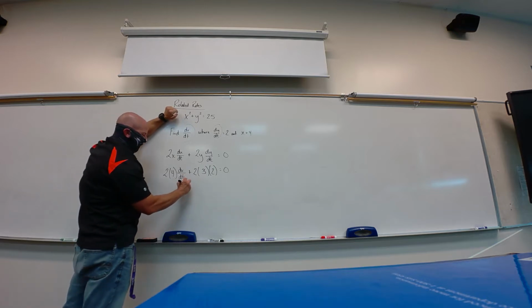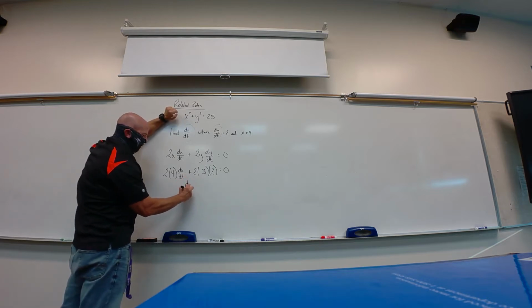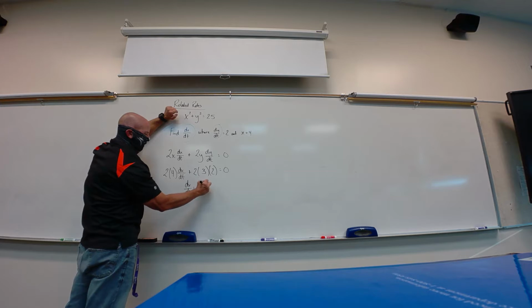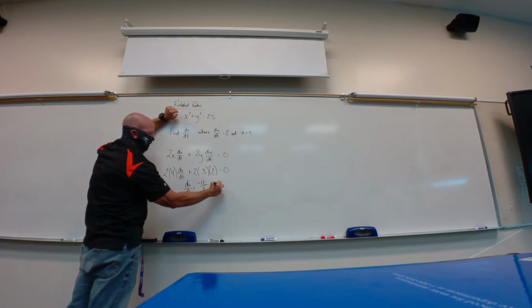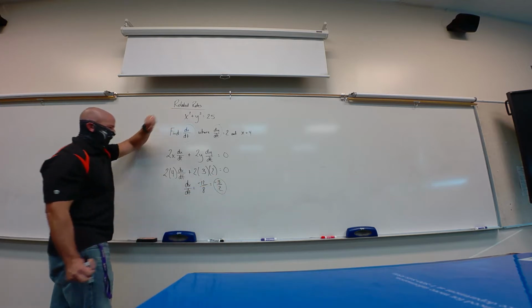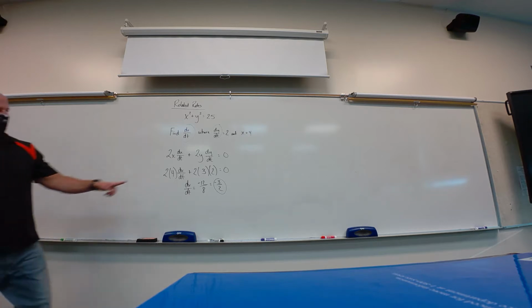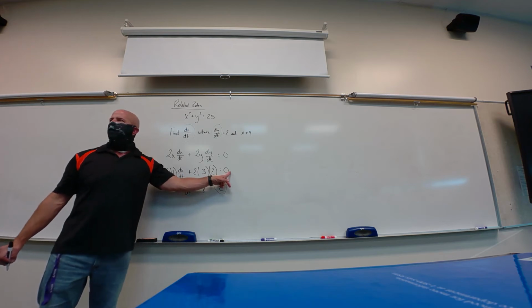So that means that dx/dt, what would that be? 6, 12, divided by negative 12 eighths or negative 3 halves. Does that look right? It would be that rate. Where are you getting the negative from? Subtract this over. Okay.